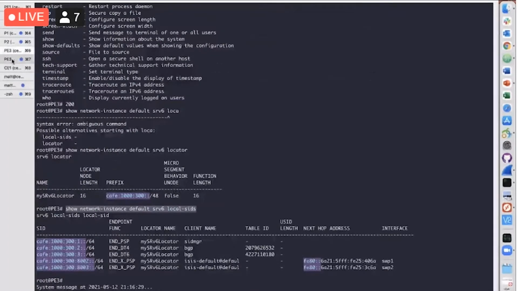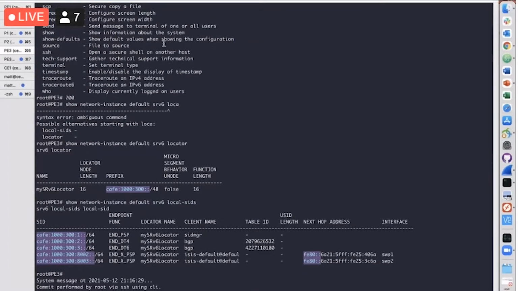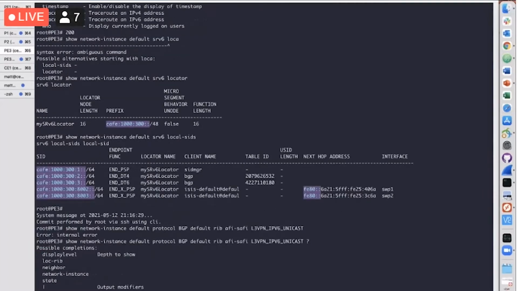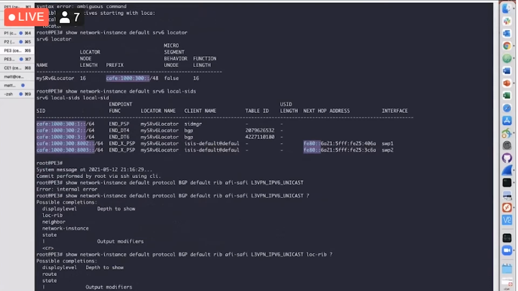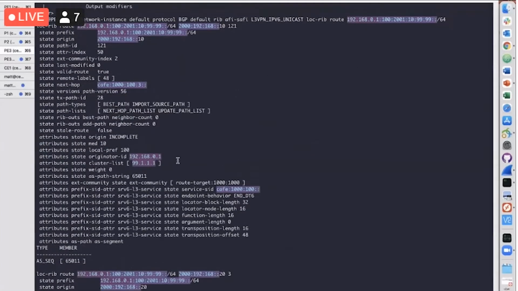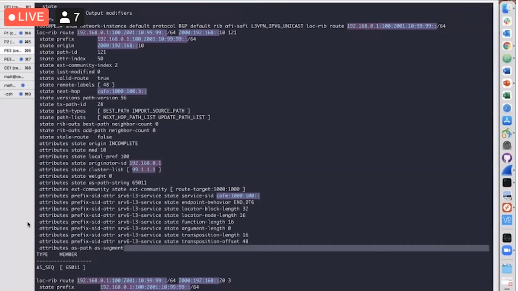So PE3. One moment. We can see that it's received the same route from PE1, and it has these special attributes that define the endpoint behavior and the service SID, along with the next hop that tell it what SID to use.